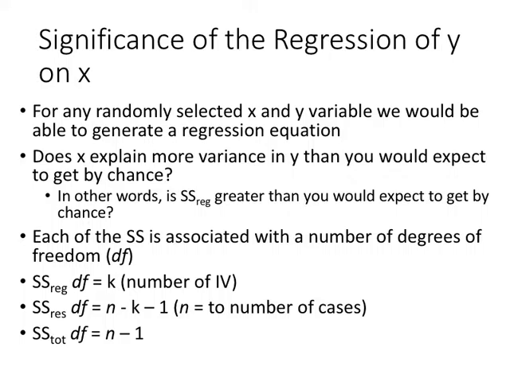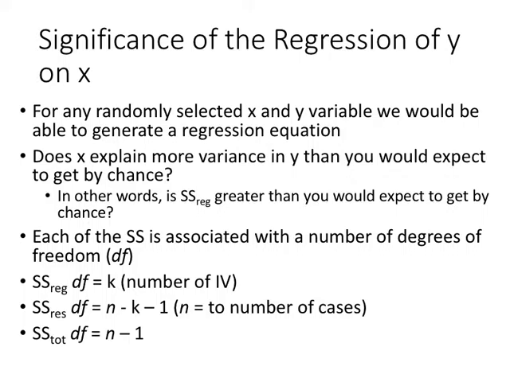And so for each of the sums of squares that we talked about earlier, there's an associated degrees of freedom. The associated degrees of freedom for sums of squares regression is equal to the number of independent variables in our analysis.